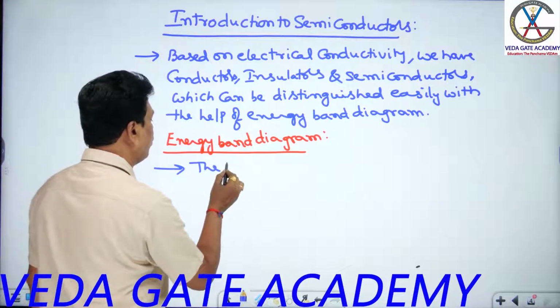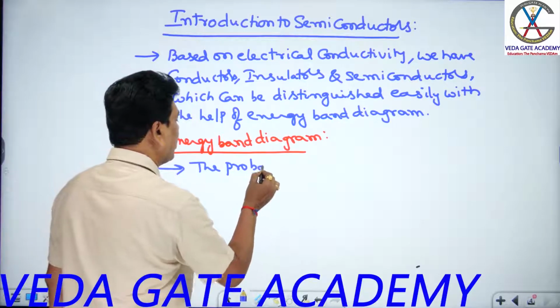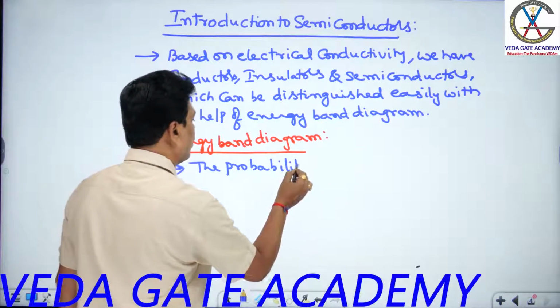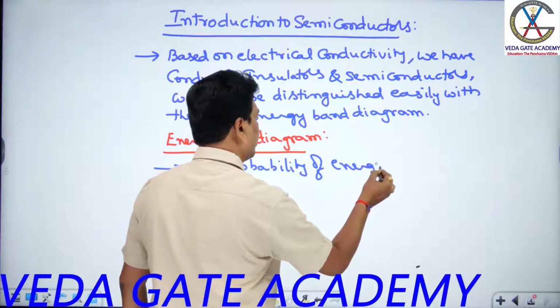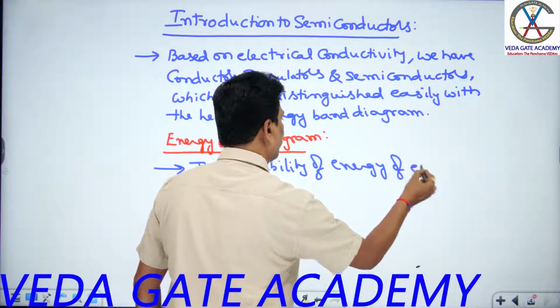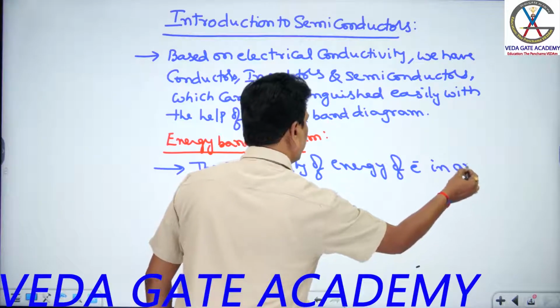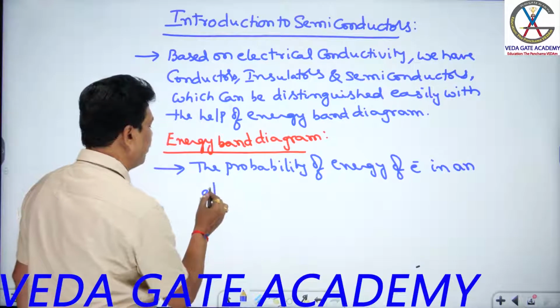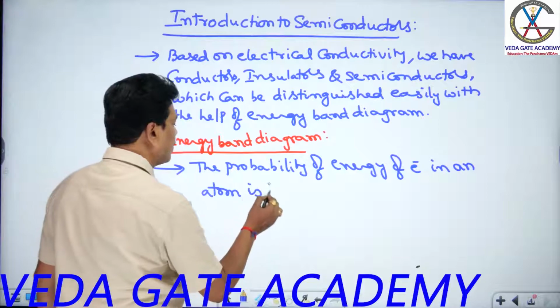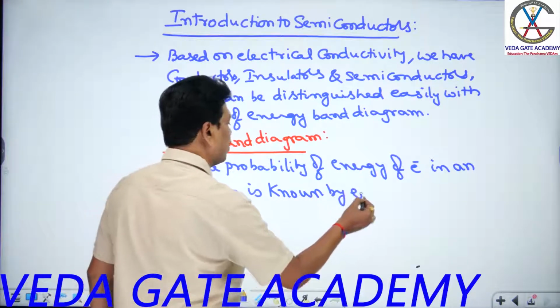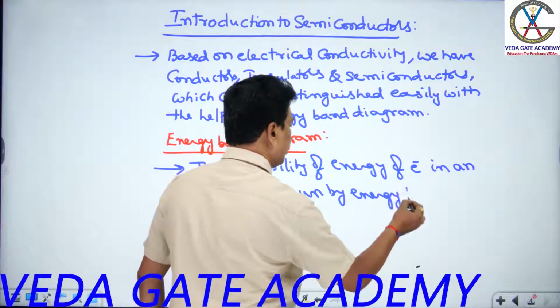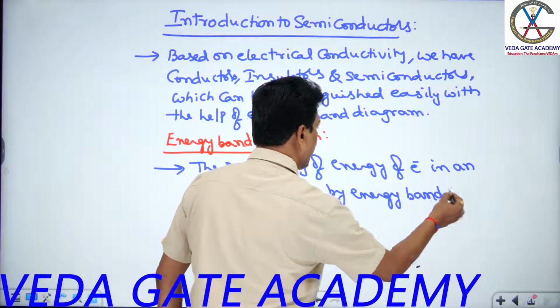So what I told you, the probability of energy of an electron in an atom is known by the energy band diagram.